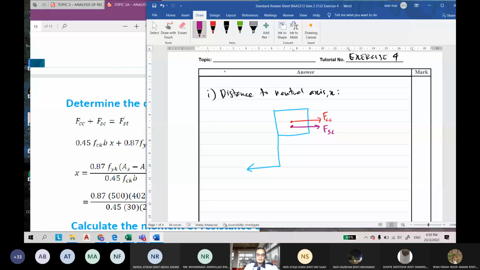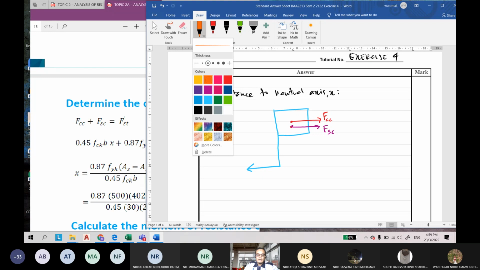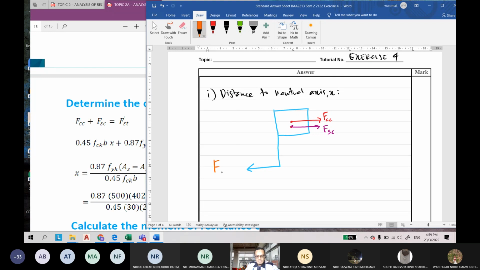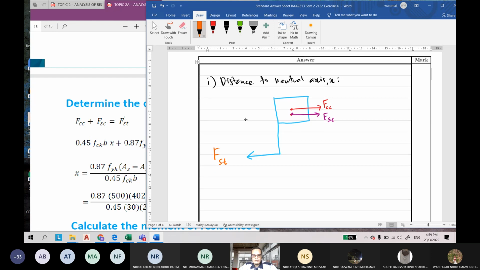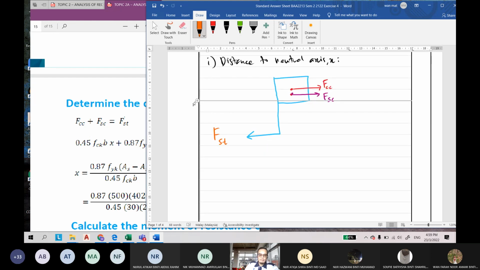We have Fcc, Fsc, and then we have the forces inside the steel due to tension, in order to achieve equilibrium.